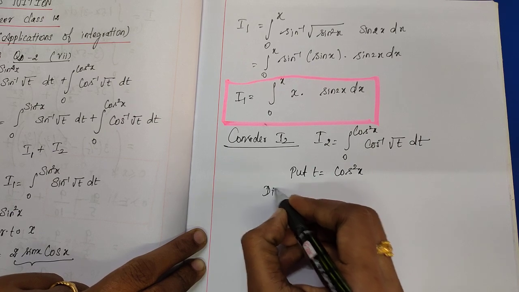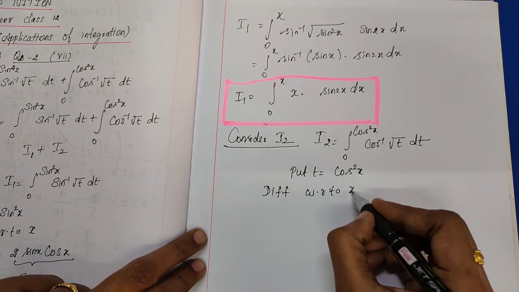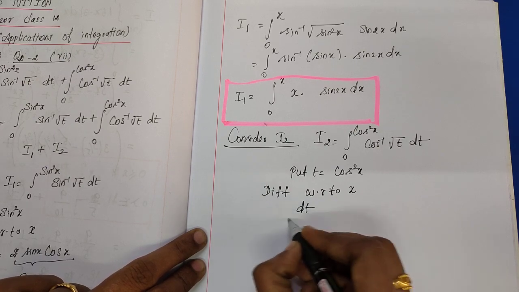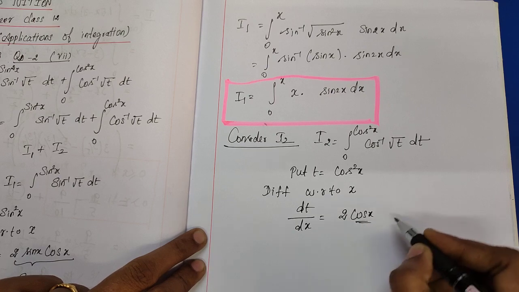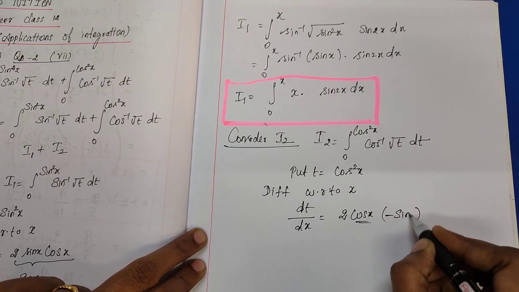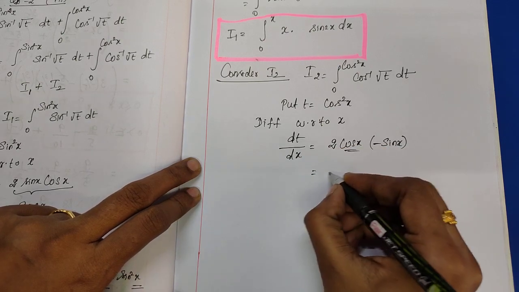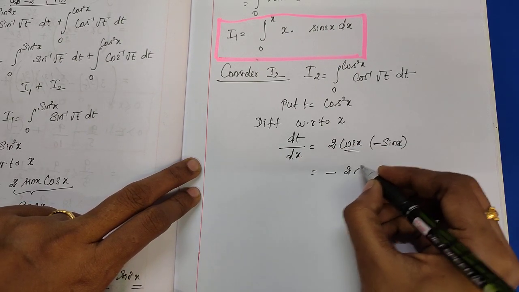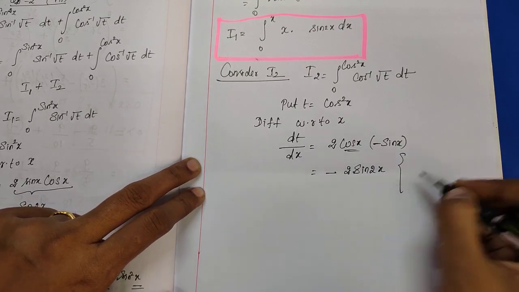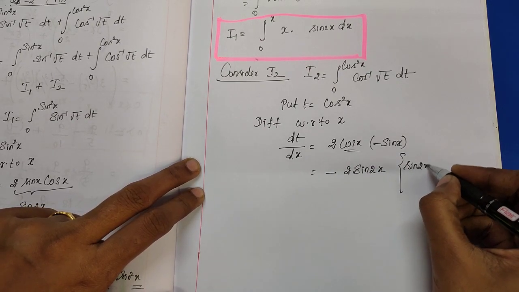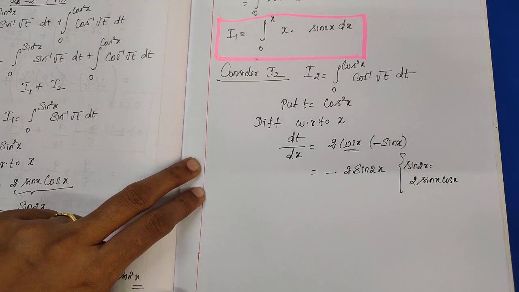Now differentiate with respect to x. We get dt by dx is equal to 2 cos x times the derivative of cos x, which is minus sin x. This is equal to minus sin 2x. We know that sin 2x is equal to 2 sin x cos x.